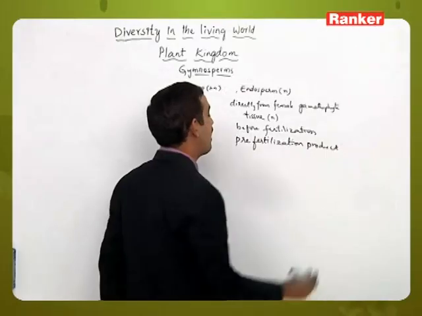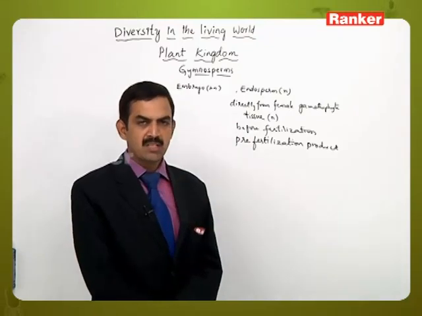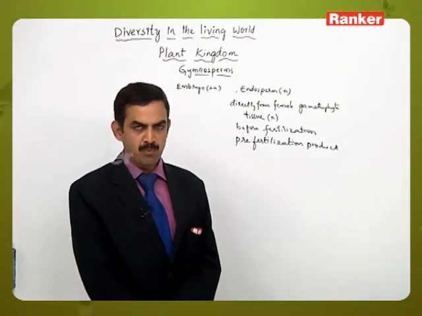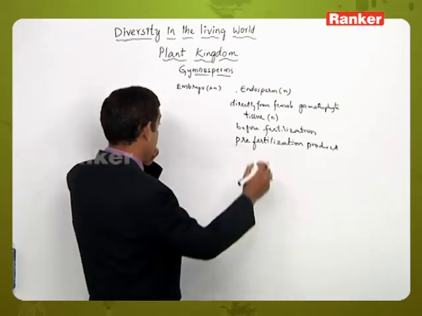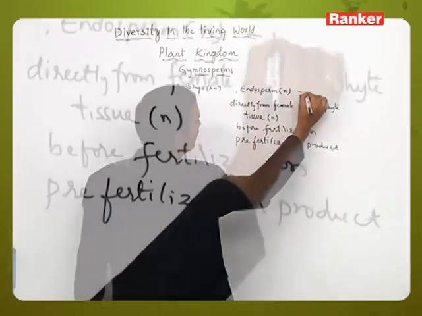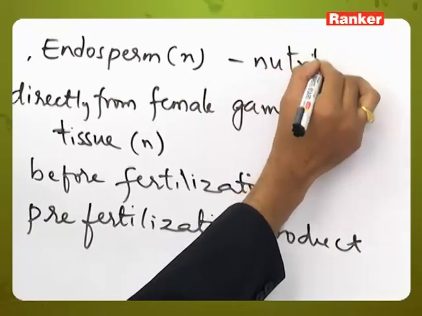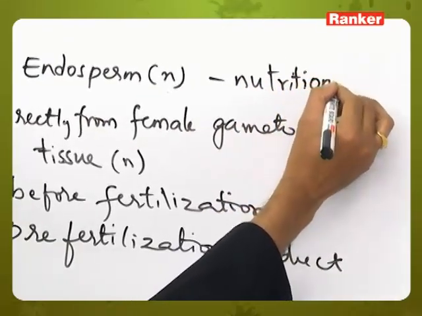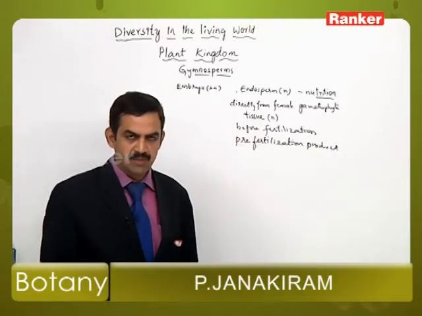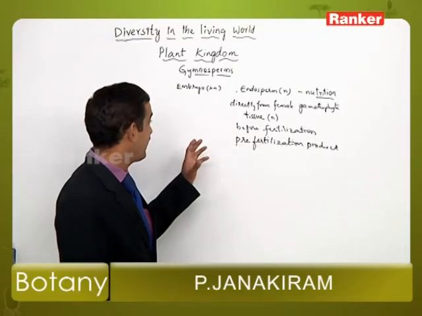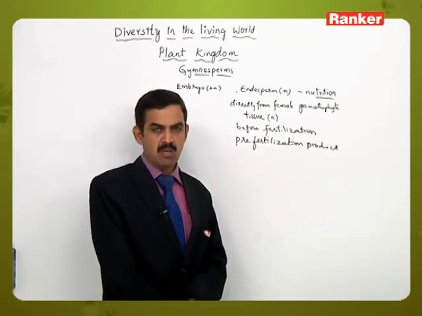Whereas in angiosperms, the endosperm is a post-fertilization product, and it is triploid in its nature. Then the similarity is that endosperm is nutritious, or it is providing nutrition to the developing embryos. So these are some variations that can be seen in the gymnosperm group of plants.